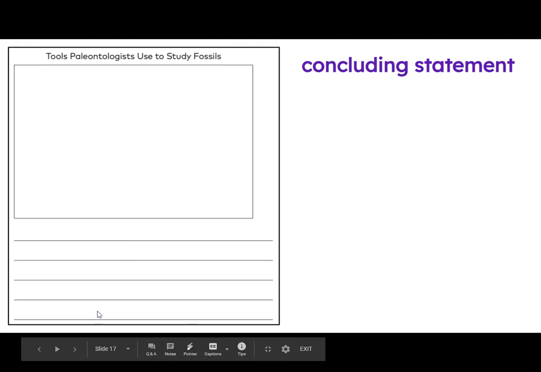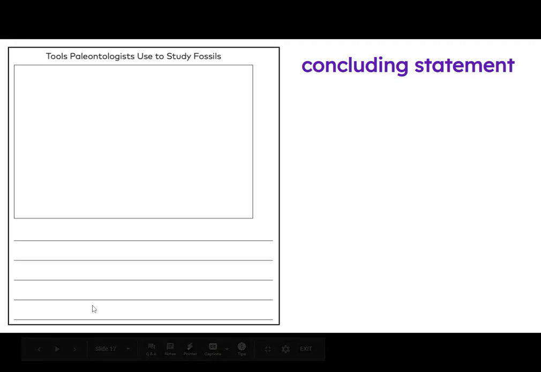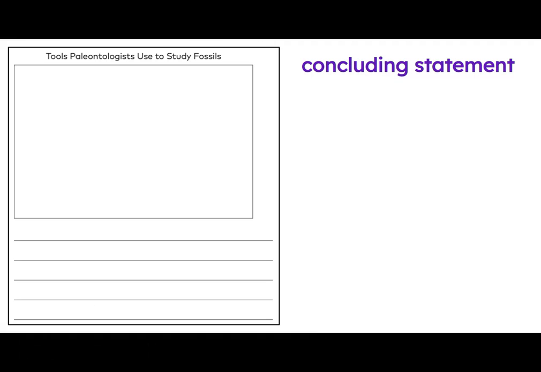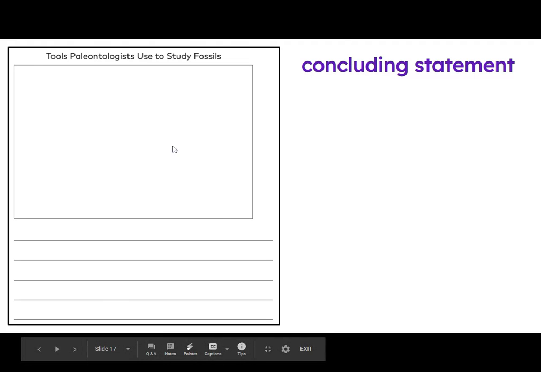You're also going to write your conclusion statement, and that can be the same as yesterday also. These tools help them do their work. Okay, and I'll have this on Canvas for you. So what you're going to do today, you're going to write your focus statement, your new sentence with the sentence starter, paleontologists use blank to blank, and your conclusion statement. Okay, so you're going to go do that on Canvas.